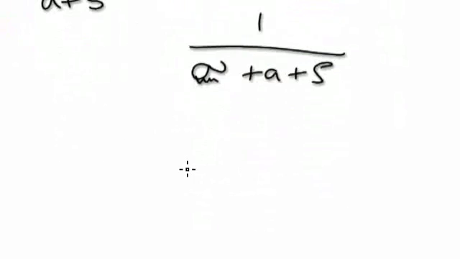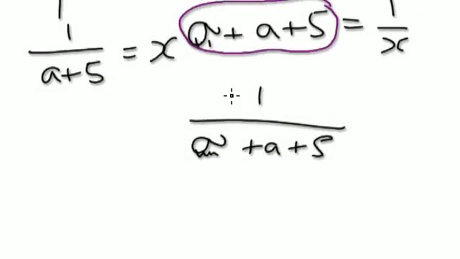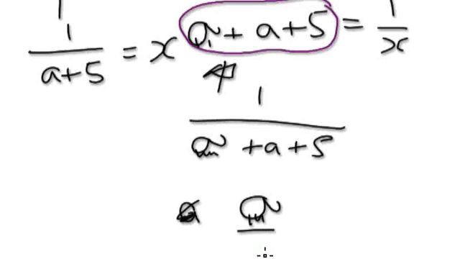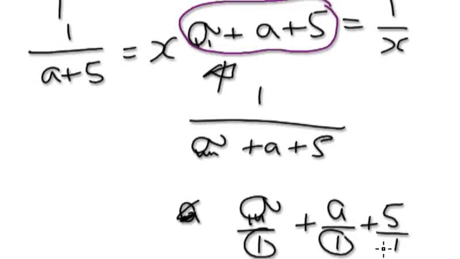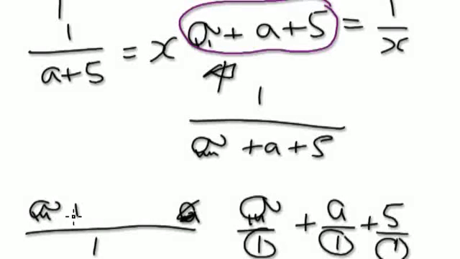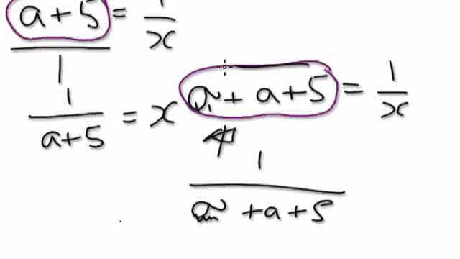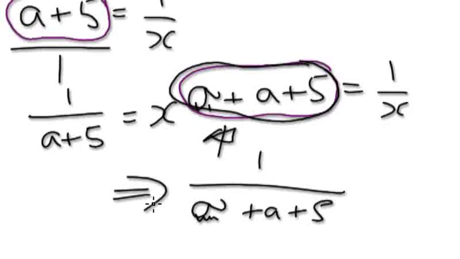Or you could rewrite the elephant as elephant over 1 plus a over 1 plus 5 over 1, and then you can see all the denominators are the same. So you could actually merge them. You could do that, but it's up to you. I would normally visualize it as one whole thing, and then take the reciprocal there. So it would be this. Okay, so now it's your turn.